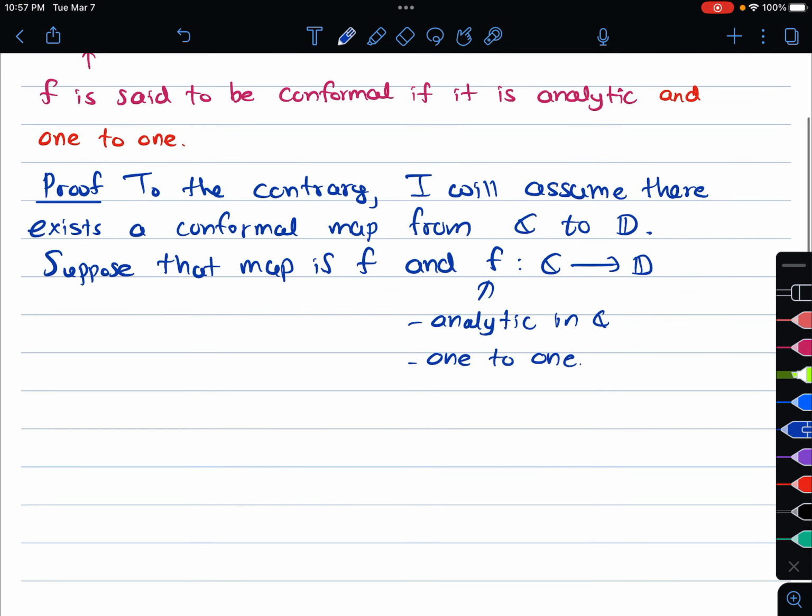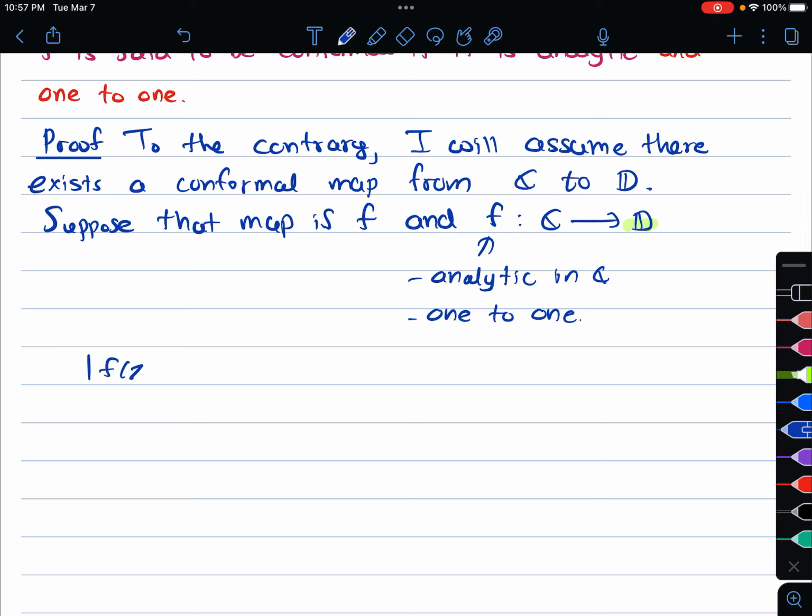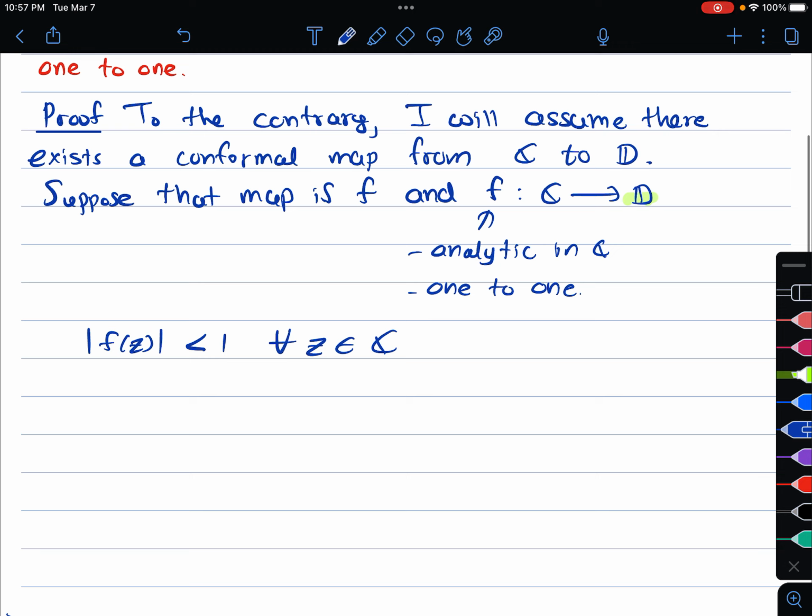It does not matter what value you input, you would get some value in the unit disk. Therefore, I can state that the modulus of f(z) is less than 1 for every z in C. For any z you choose from the complex plane, the modulus of your function value is less than 1 because your image is inside the unit disk.